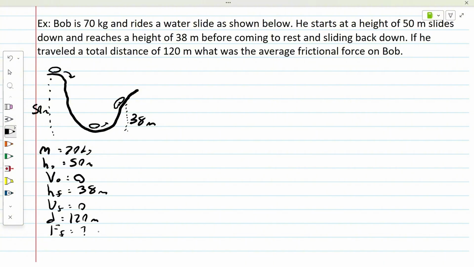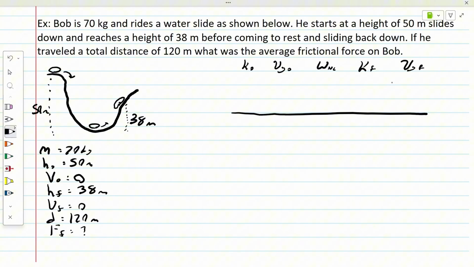Okay, so let's start by drawing our graph of energies. Now we're going to have the initial kinetic energy, initial potential energy, the work from non-conservative forces, and then the final energies. At the initial point and the final point, the velocities are 0, which means there's going to be no kinetic energy for the initial or the final.